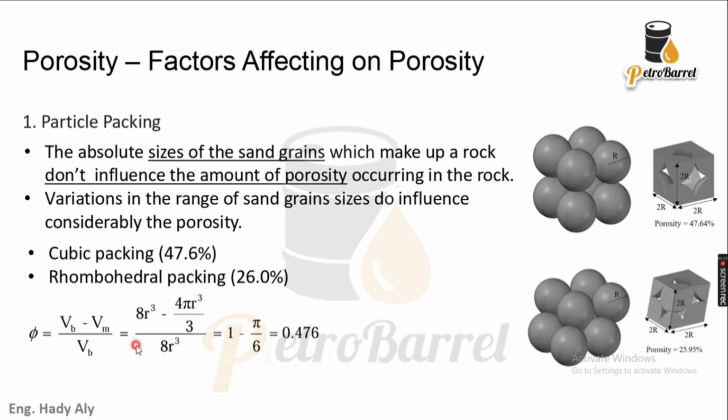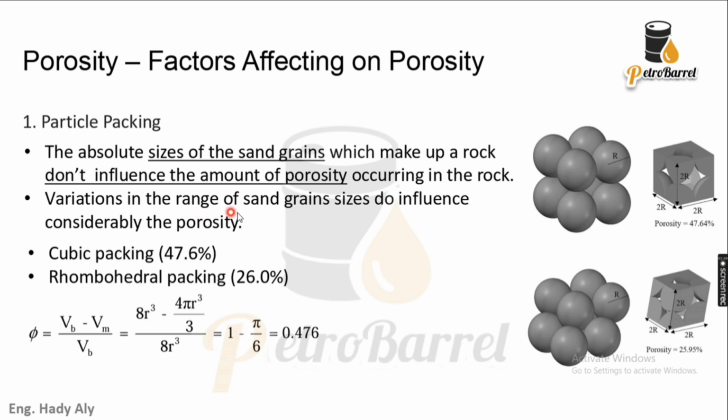But here, take care please, that the value of porosity is independent of the value of r, the radius of the sand grains, if all sand grains have the same r or are uniform in size. So the absolute sizes of the sand grains which make up a rock don't have an impact on the amount of porosity occurring in the rock.